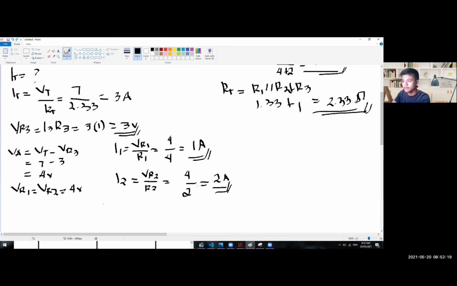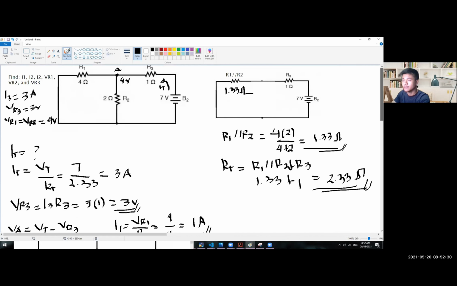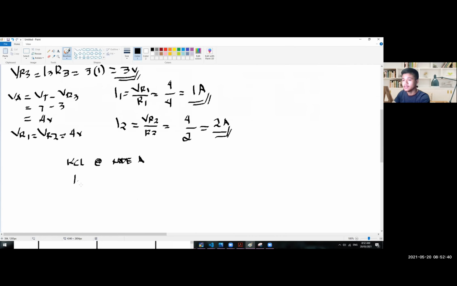Okay, so let's verify this one using KCL. KCL at node A. As you can see, we have here I3, which is entering this node A, and then I2 and I1, which are leaving the node A. So I3 minus I1 minus I2 is equal to 0, or I3 is equal to I1 plus I2.